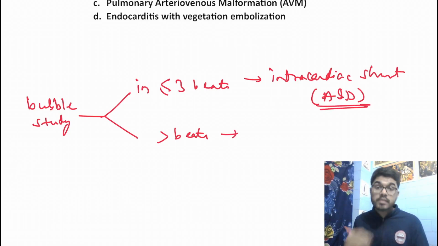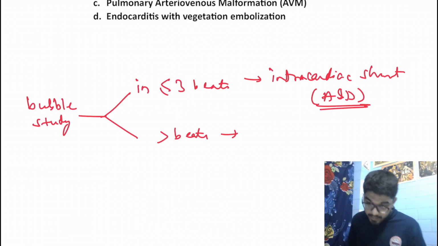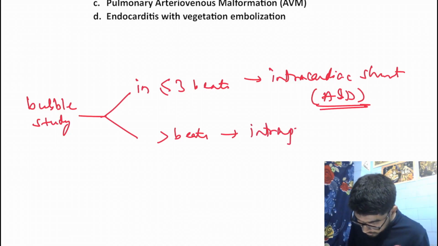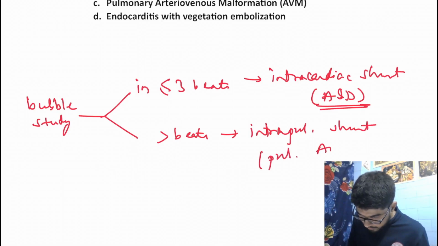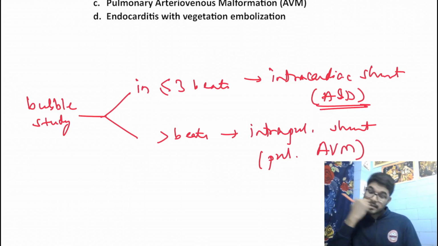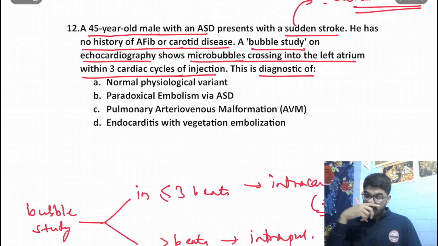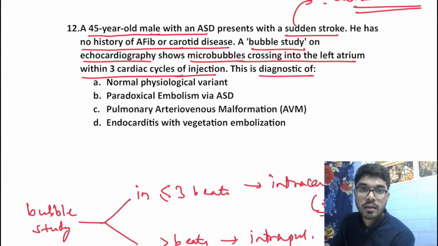But if it happens after 3 beats, then an intrapulmonary shunt is present, in the form of pulmonary AVM, arteriovenous malformation.